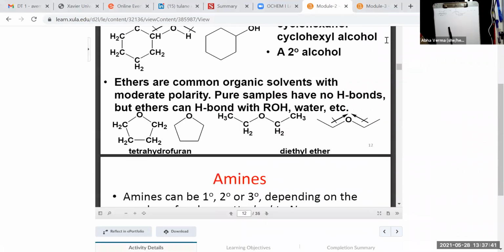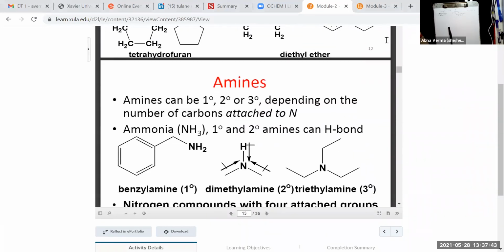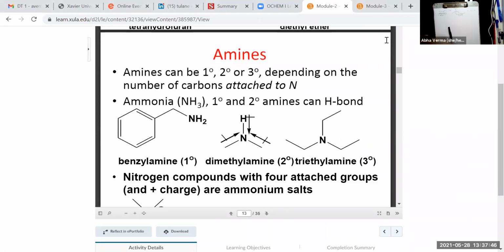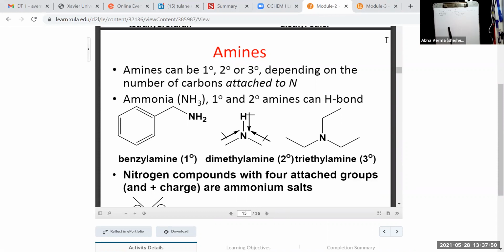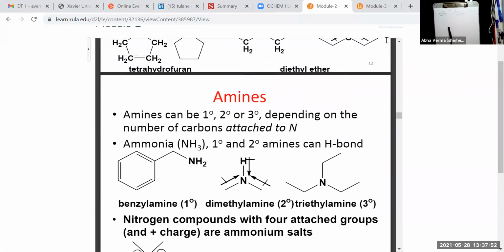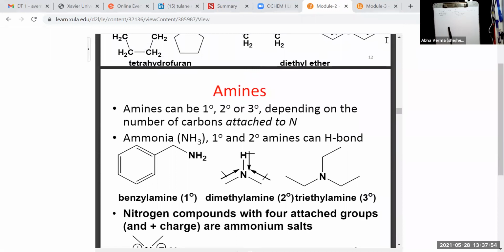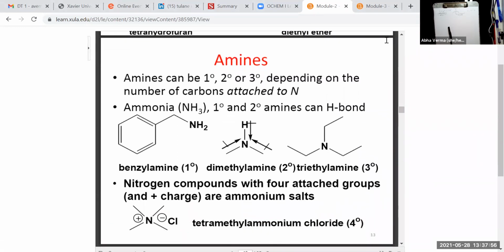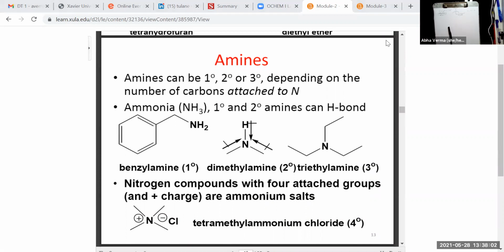Any questions so far from alcohols and ethers? Okay. Now, before I jump on to our carbonyl groups, I want to show you the amines. Now, amines are just like hydrocarbons, but there is an N group attached, not with any unsaturation.